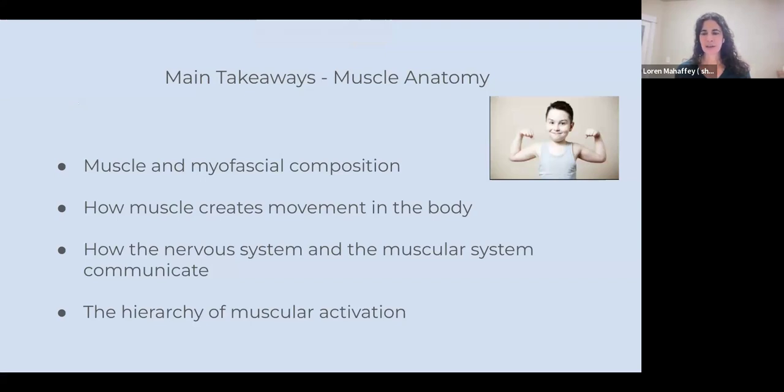So we're going to look at the architecture of muscle and also the architecture of the fascia that surrounds muscle. The word myo means muscle. How muscles create movement in the body, how the nervous system and the muscular system communicate, and the hierarchy of muscle activation.